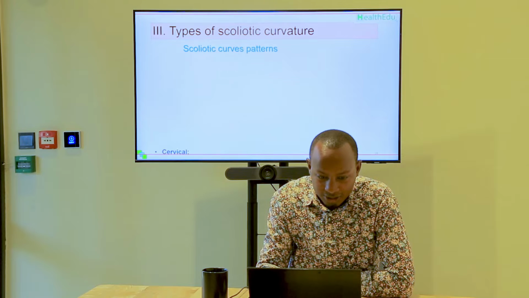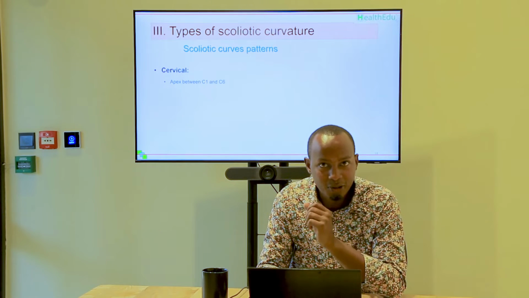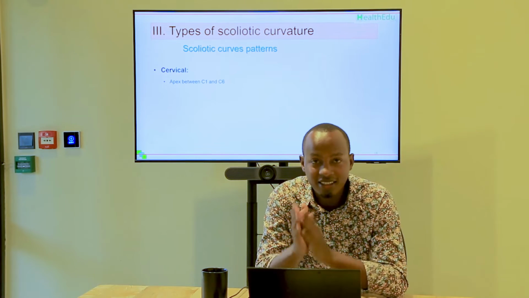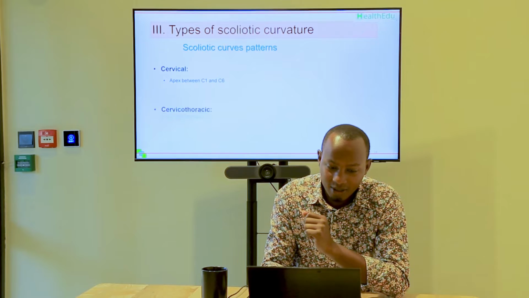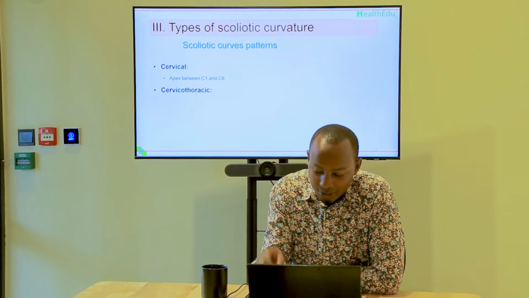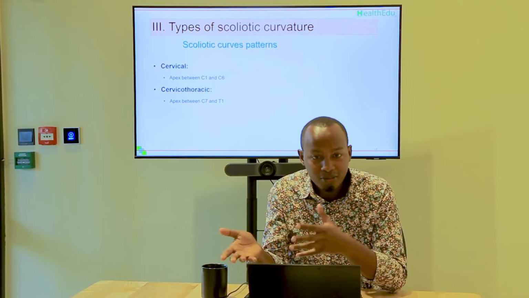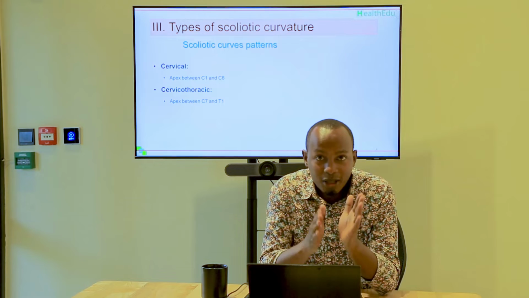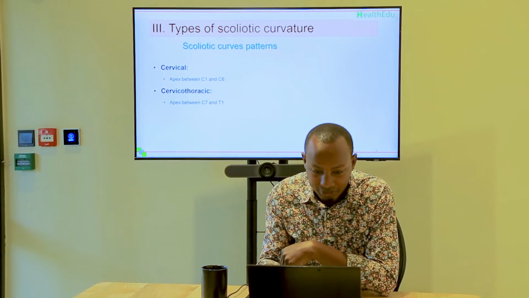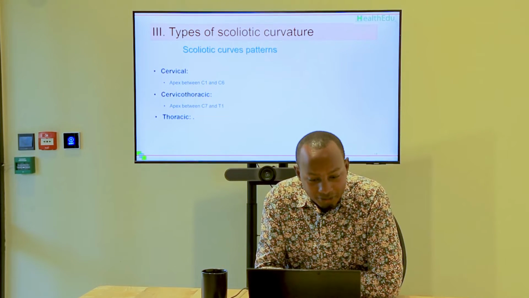So from this, when you have a scoliotic curve pattern in the cervical region, the apical vertebra has to fall between C1 and C6. When is it called cervicothoracic curve pattern? It's when the apical vertebra, or the apex, is between C7 and T1. And when do we call it a thoracic curvature?